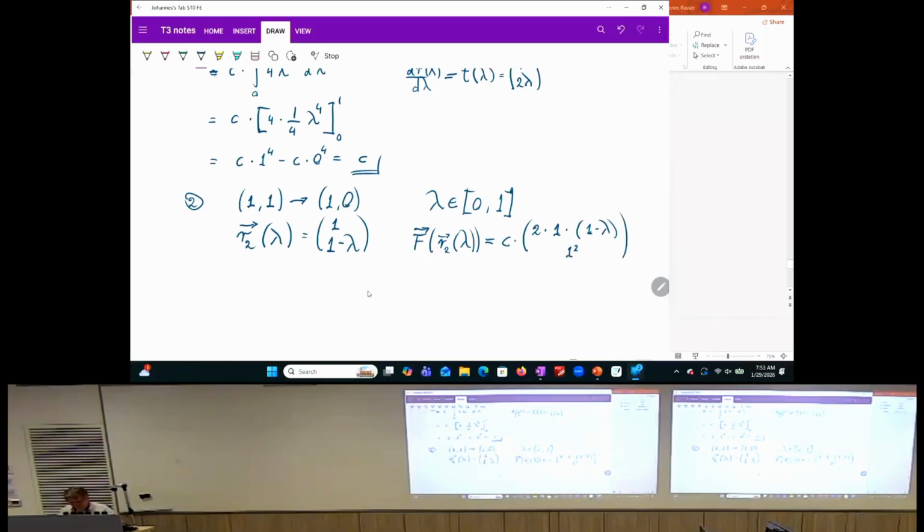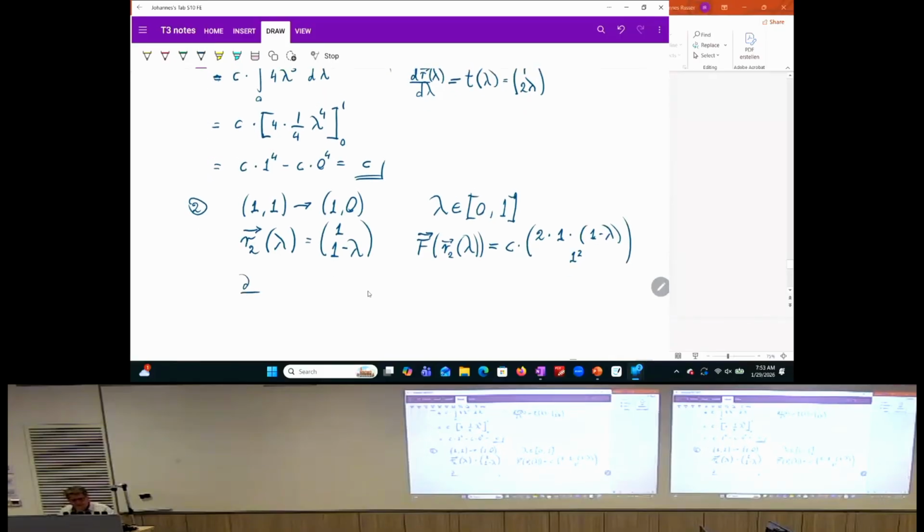So what about the derivative of r2 with respect to lambda? Just take that from above, take the derivative. 1 derived by lambda is 0. And then the other, 1 minus lambda, gives minus 1.